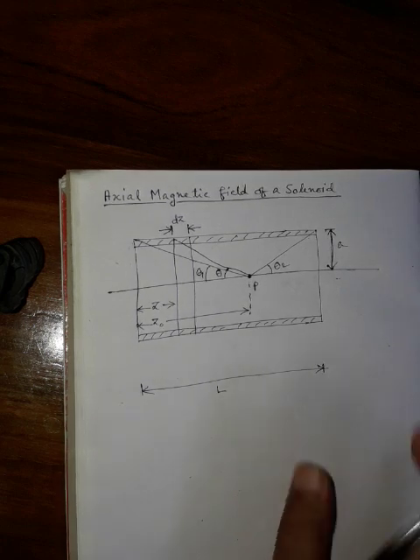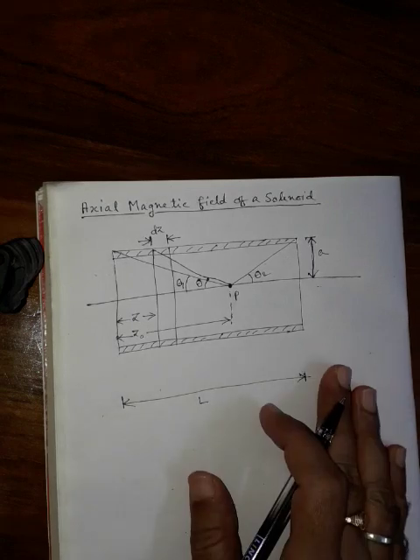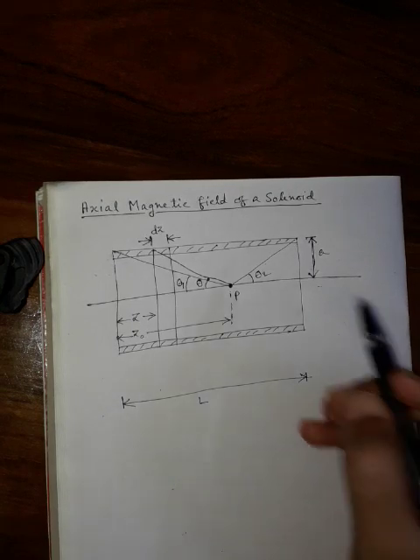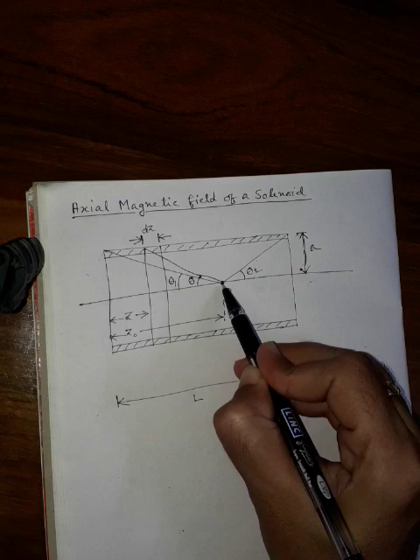Now let us derive the expression for the magnetic field due to this solenoid at this point P.